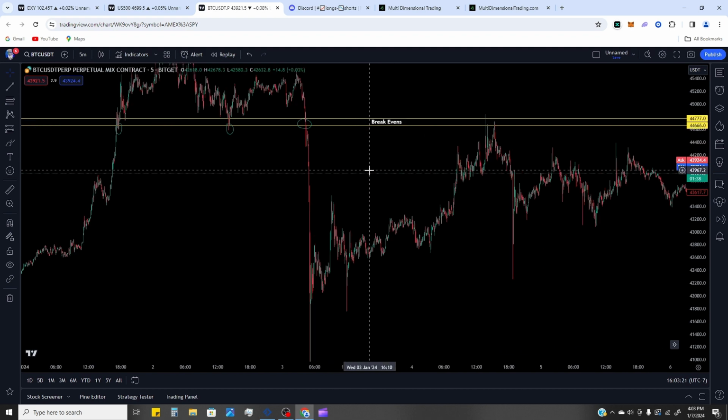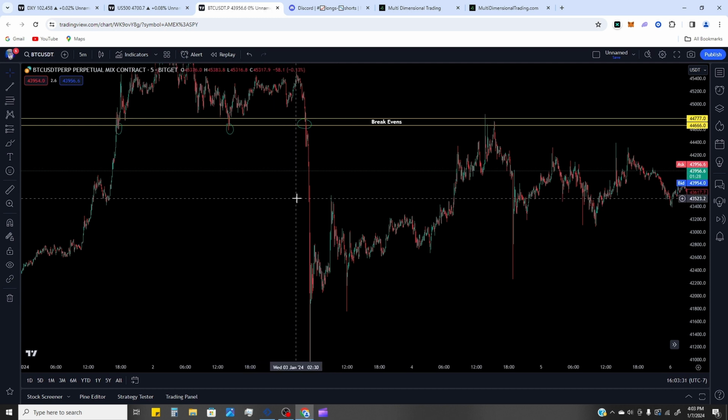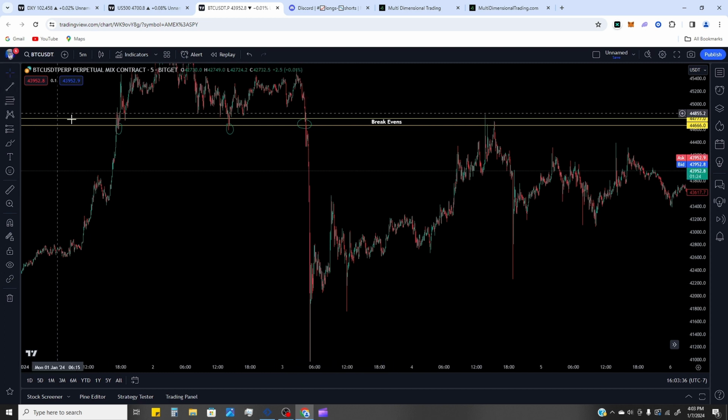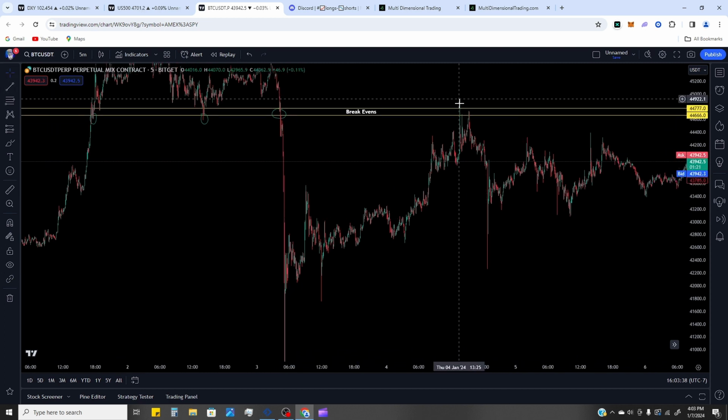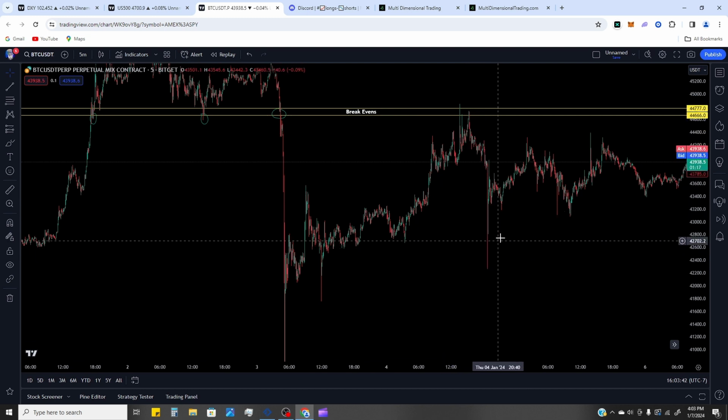Just playing the number signals in conjunction with the break evens. Understanding the psychology of the market. What the market is most likely to do. Just having a clear understanding of that. And that alone allows you to print dollars, nice chunks of change in the market.